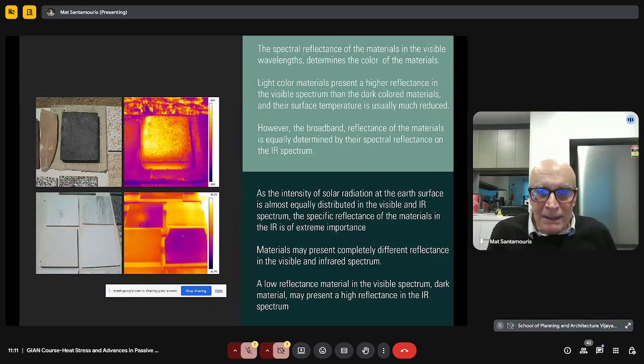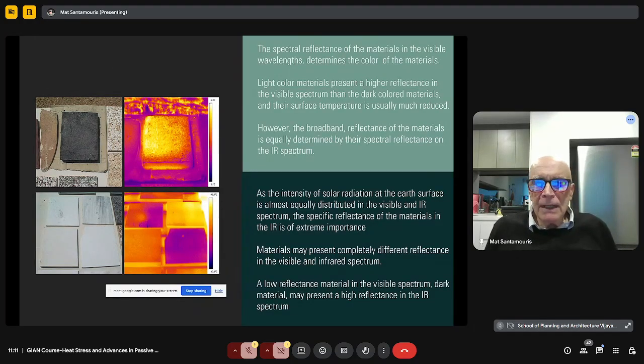So this selectivity of the optical properties of the materials is something which is extremely important and defines, at large, the main axis of material science.